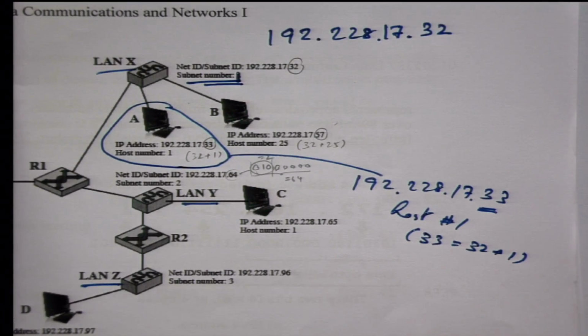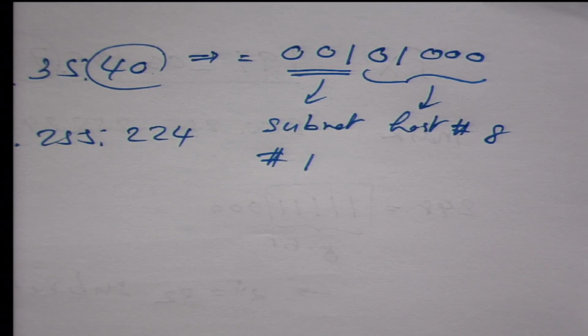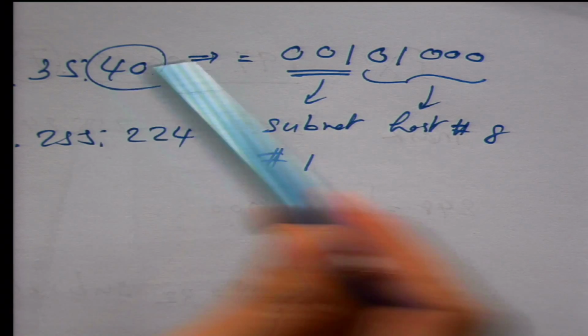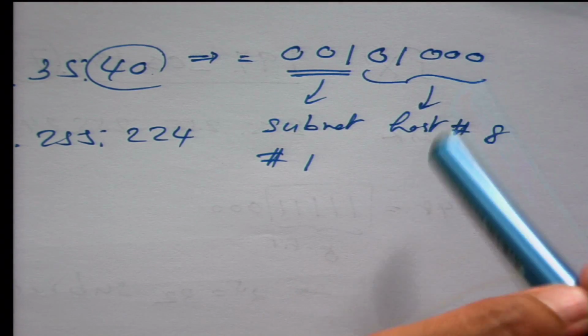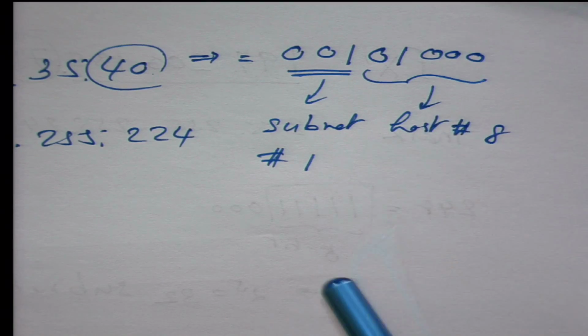So this is host number 1 because of the numbers that you have seen before. Like in this case, 40 is host number 8. If it's 41, this is going to be 01001, so it's host number 9. If it's 42, it's host number 10. Okay, so you can look at it like that.